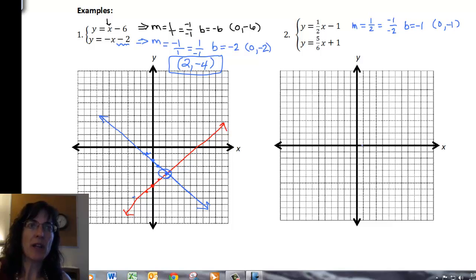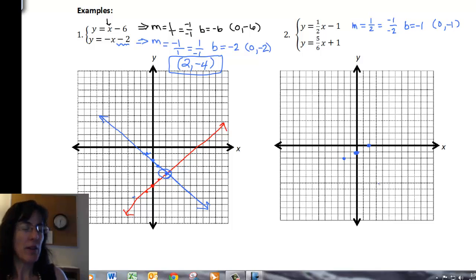That is my y-intercept, right there. Then I can use my slope, one form of it, rise of 1, run of 2, puts me right here. And back to my y-intercept, a rise of negative 1, run of negative 2 puts me right there.